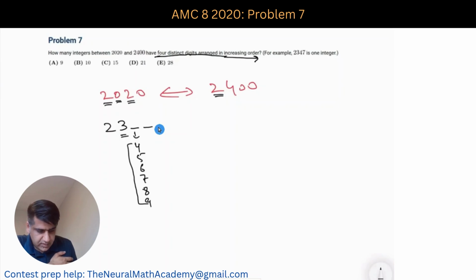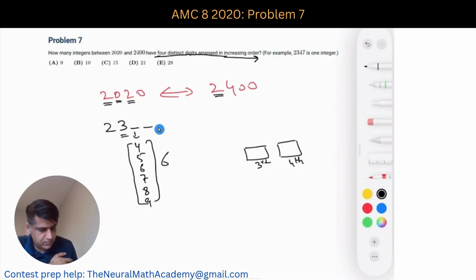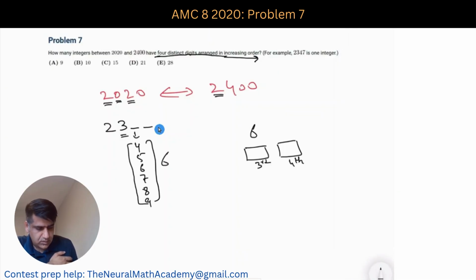So how can we set it up? We can say that since these digits are 6 and we are having now 2 places, let's say that this is our third place, this is fourth place. So for the third place we have 6 options, and for the fourth place then we will have 5 options, because the digits cannot repeat.